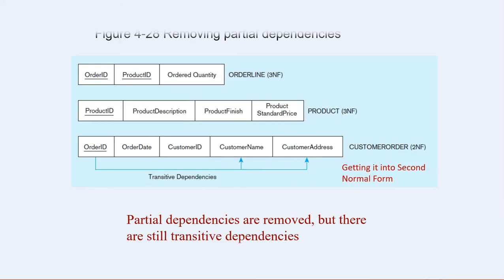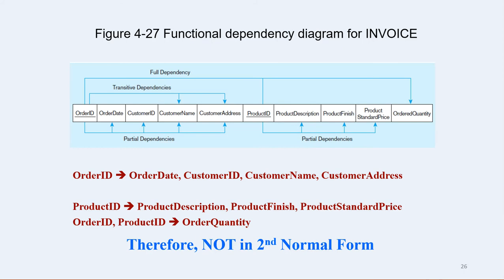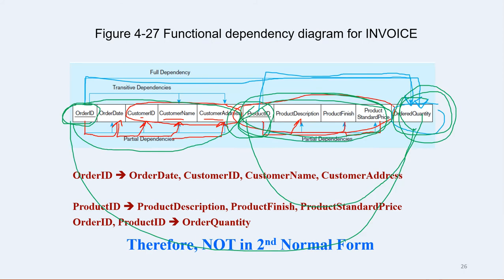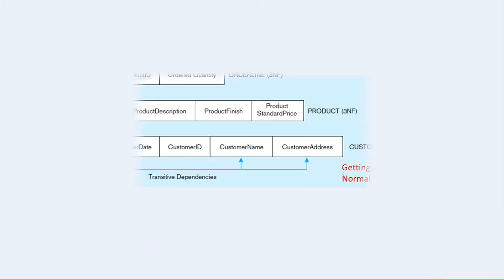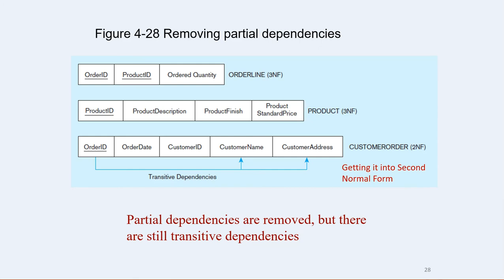Okay, so once we did that, you now break them. So that's what this is, break. You brought your order here: order date, customer ID, customer name, customer address; product ID, with product description, product finish, product price; and then order quantity is determined by both of these. Ignore that it's saying 3NF.